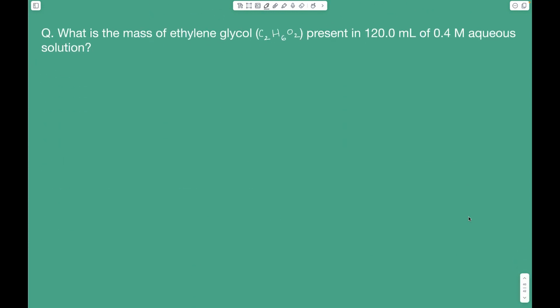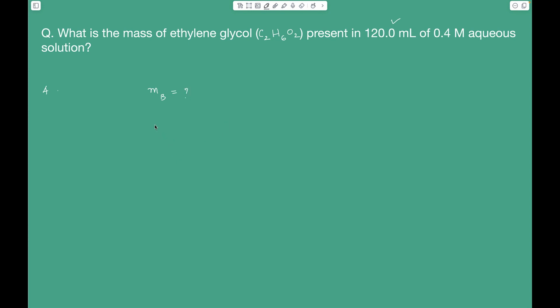What do we have next? What is the mass of ethylene glycol present in 120 milliliters of 0.4 molar aqueous solution? Now here the solute is ethylene glycol. So we are asked to find out the value of mB.